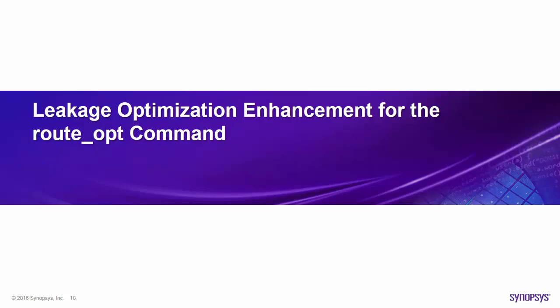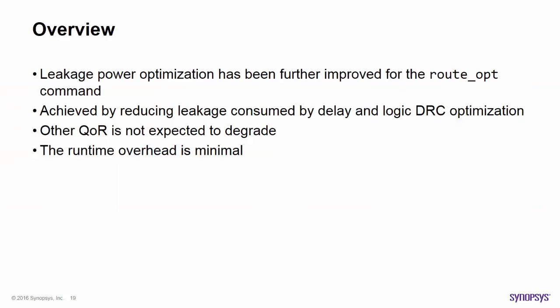The next feature for this release is leakage optimization enhancement for the route_opt command. Overview: the leakage power consumption is reduced by further optimizing the leakage at the delay and DRC optimization stages. Though there is a little runtime hit due to the power optimization being done at other stages, there will not be any degradation in other QOR measures. This feature also addresses ease of use, as will be discussed in the next slide.